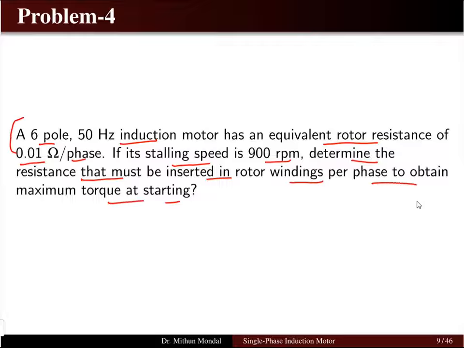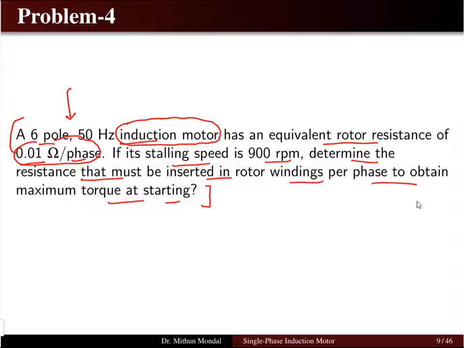Now, if we read this question carefully, nowhere is it mentioned whether it is a single-phase induction motor or a 3-phase induction motor. But since the resistance is given per phase, this is an indication that this question belongs to the category of 3-phase. This question is knowingly added here to make a difference: the problem may be in the category of induction motor, but we have to decide whether it is single phase or 3-phase.